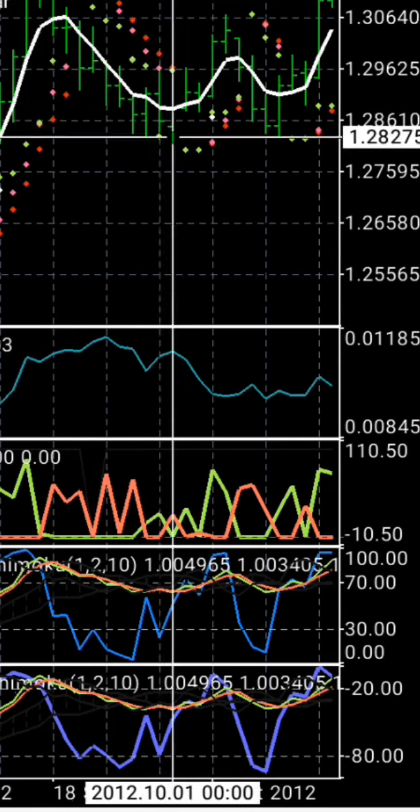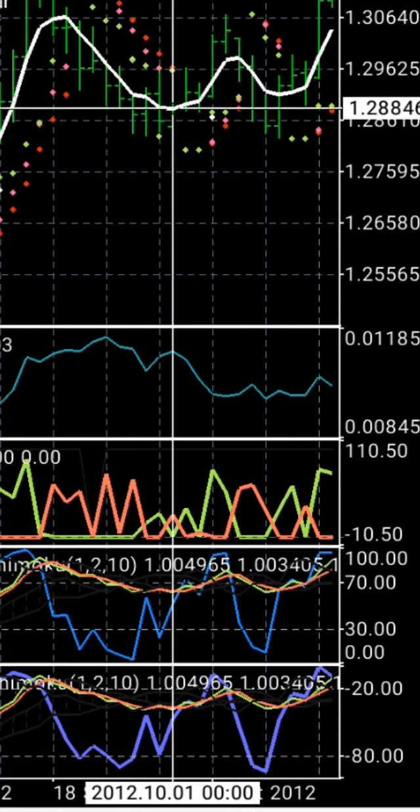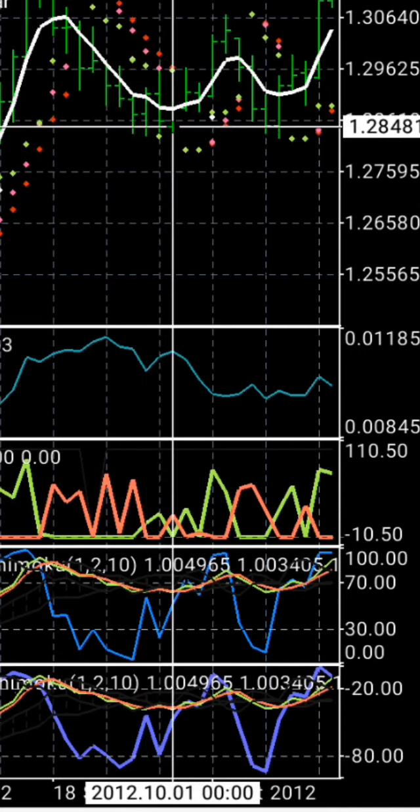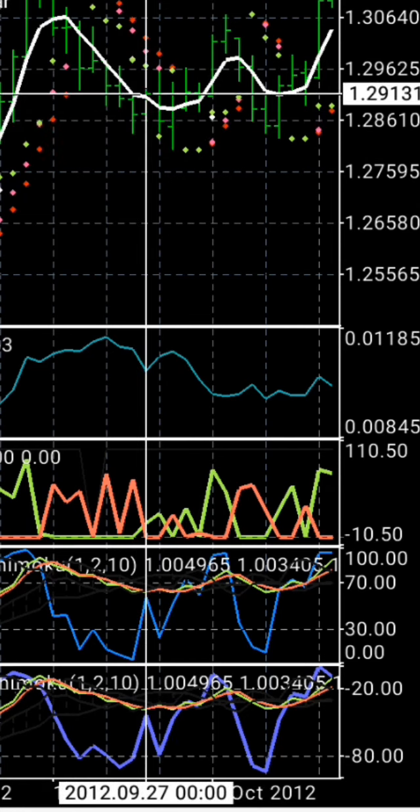Here. The moving average says long, but the others contradict. So we wouldn't have listened to the moving average, and that was a good thing, because it went down further. But of course we won't have exited here, since it retraced here.